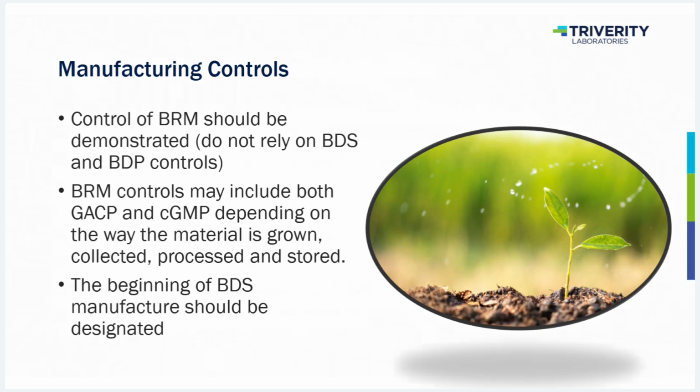And then the beginning of your BDS manufacture should be designated. So where do you start your BDS manufacturing? Is it with milling of the BRM? Is it with the drying? Or is it with the extraction? You need to designate that and then apply appropriate GMP controls at that stage.